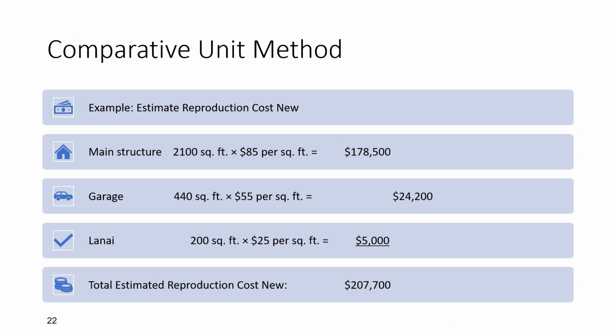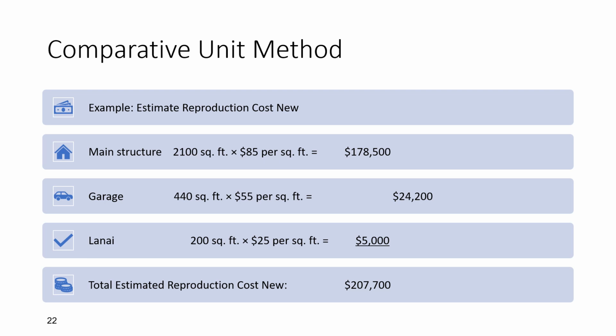An example of an estimated reproduction cost new. The main structure has 2,100 square feet. At $85 per square foot, it gives you $178,500. The garage is 440 square feet at $55 per square foot, and that will give you $24,200.